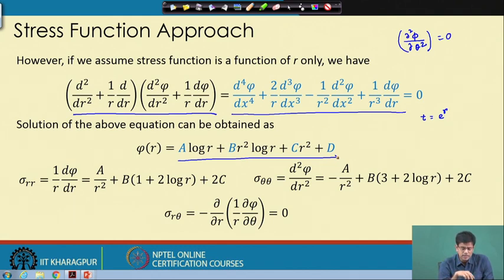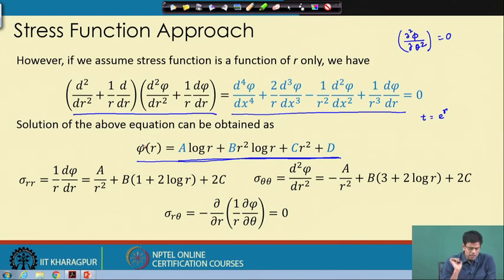This is an exercise you can also try and see whether this satisfies this differential equation or not. So, our phi is of this form.